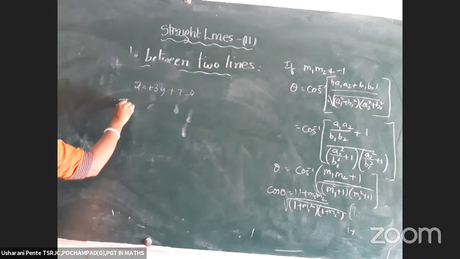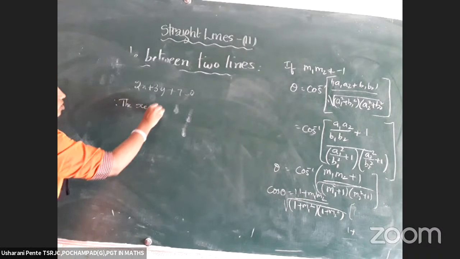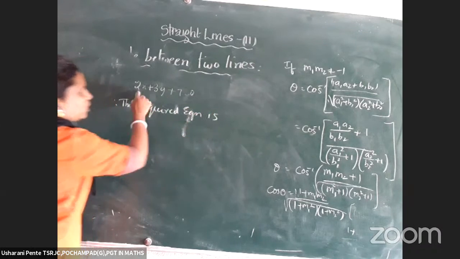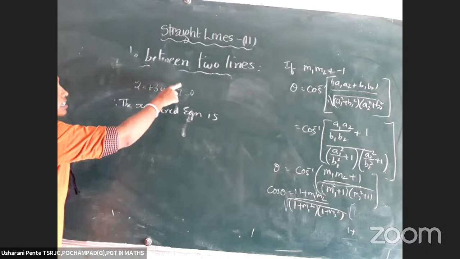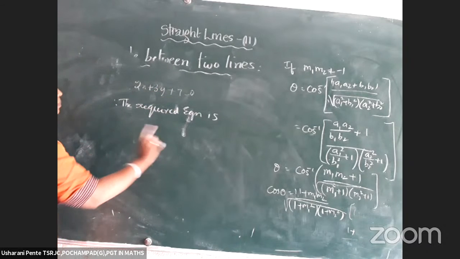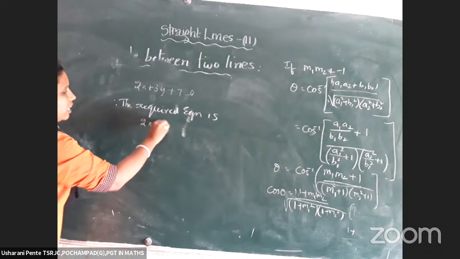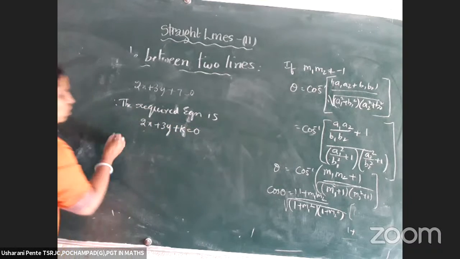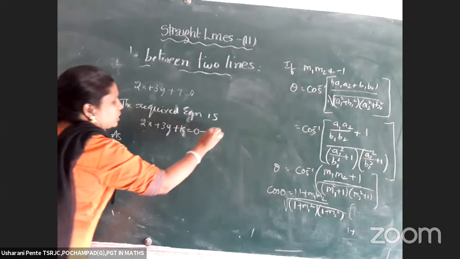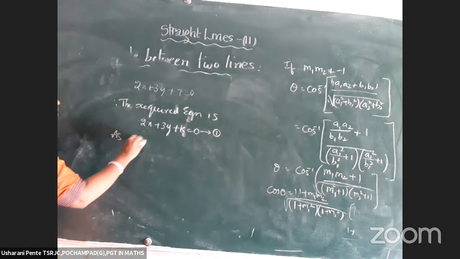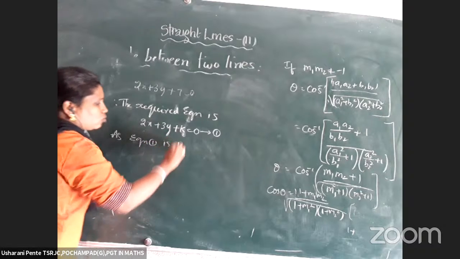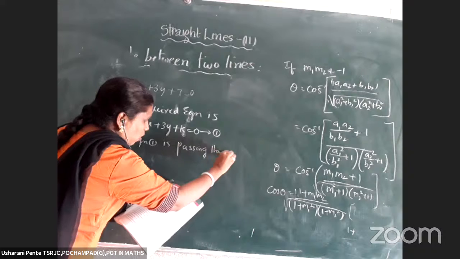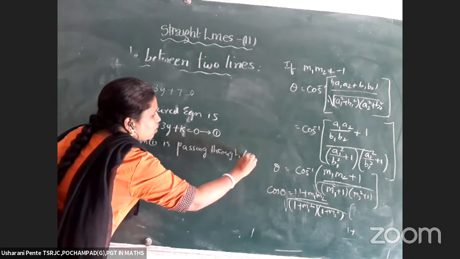Therefore, the required line equation is, if the lines are parallel, we know that they differ only by the constant. So I am writing it as 2x plus 3y plus k is equal to 0, as equation 1. Equation 1 is passing through the given point 5 comma 4.